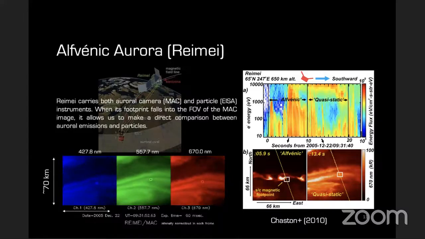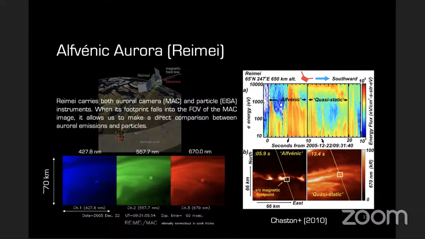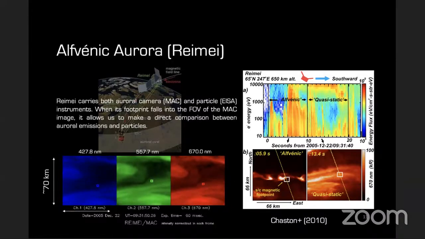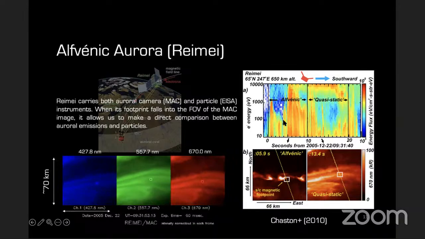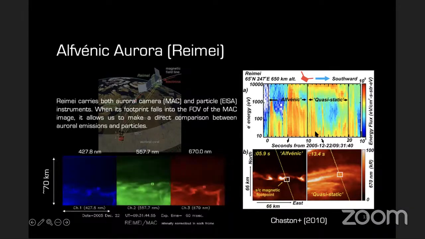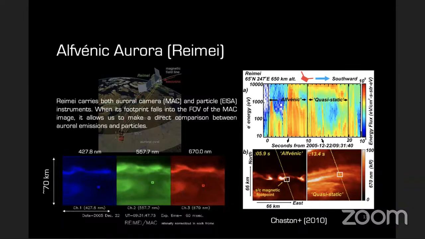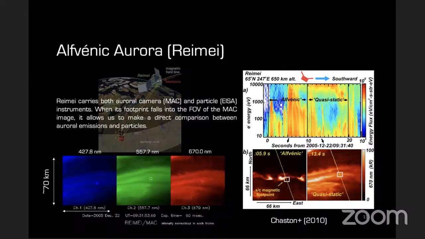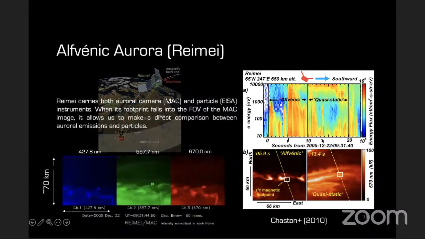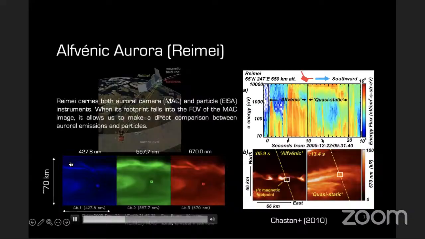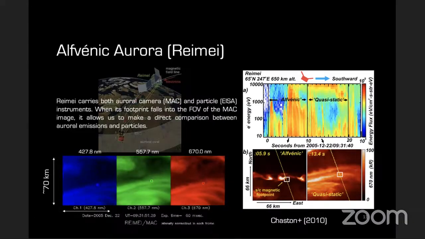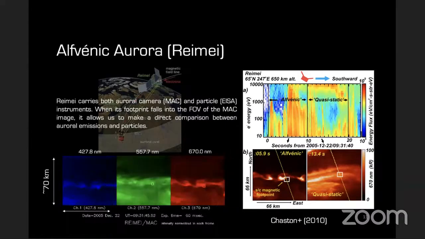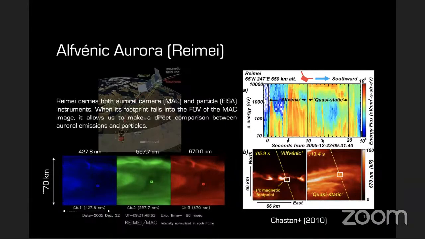Using high-resolution auroral images and electron spectral data from Reimei, they clearly distinguished an Alfvénic and quasi-static auroral form, which developed at the poleward boundary. However, because the field of view of the Reimei imager is very narrow, about 70 kilometers, it is difficult to tell which meso-scale auroral forms, such as PBI and streamer, the observed small-scale auroral forms correspond to.